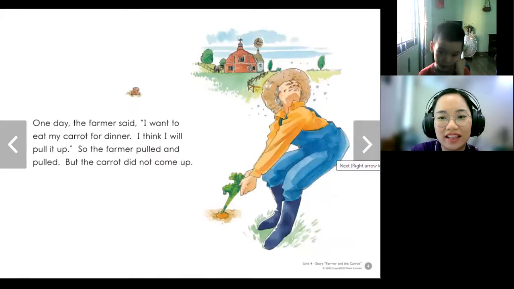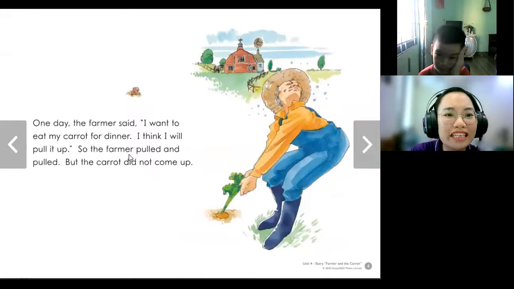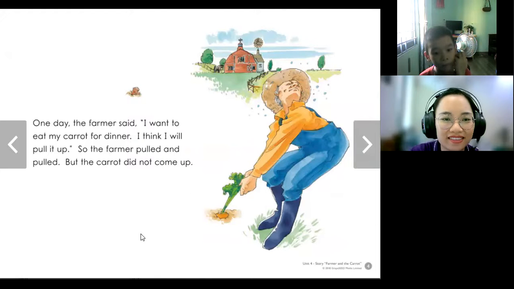And then what did the farmer want to eat for dinner? Did the farmer want to eat the carrot?